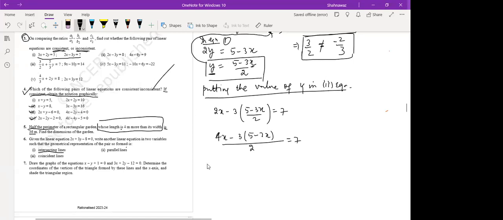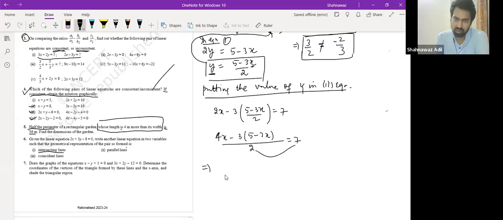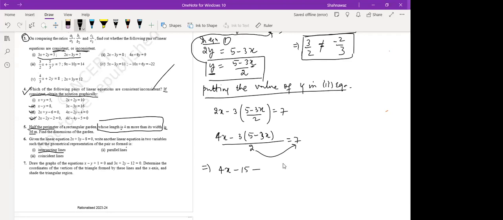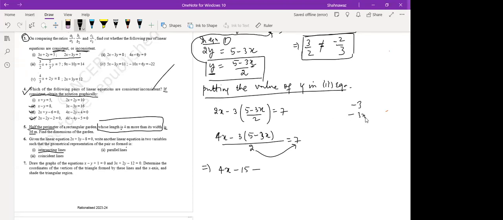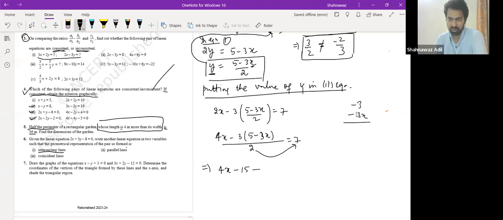So this 2 goes here, and this will give me 4x minus 15, and minus 3 into minus 3x. How much would this be? Minus 3 into minus 3 is 9, we are multiplying, not adding, right?